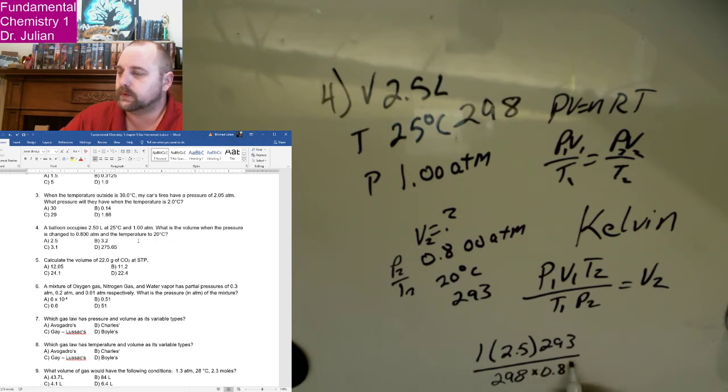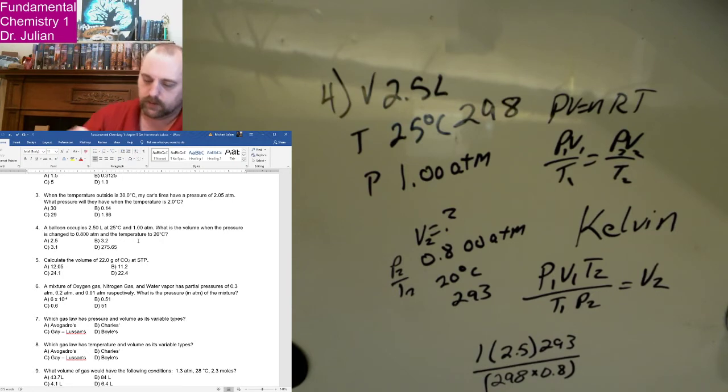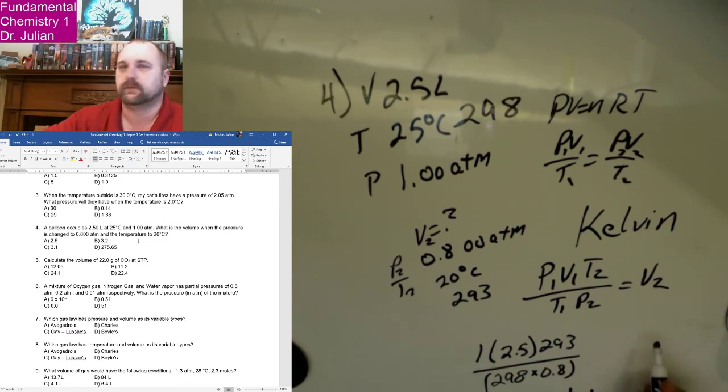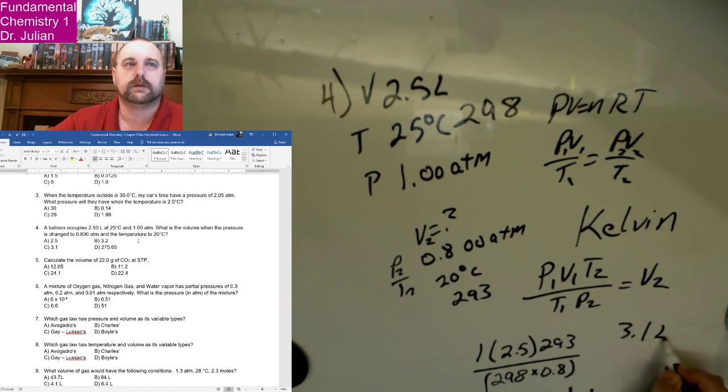Now I need parentheses on the bottom. 2.5 times 293 divided by open parentheses 298 times 0.8 is 3.1, and this will be liters. Okay, 3.1 liters. There we go.